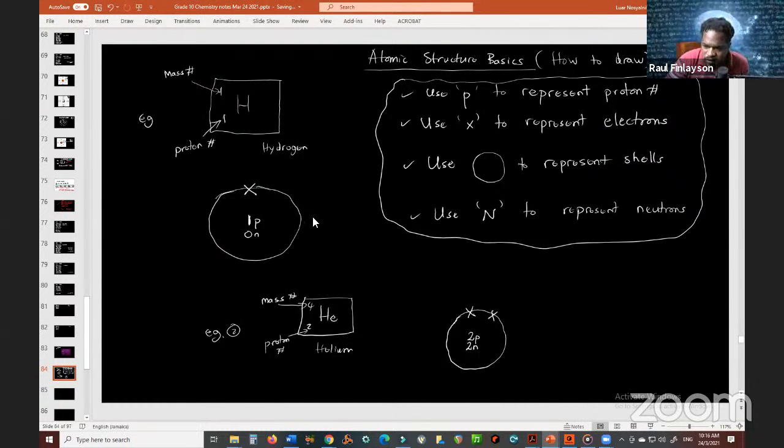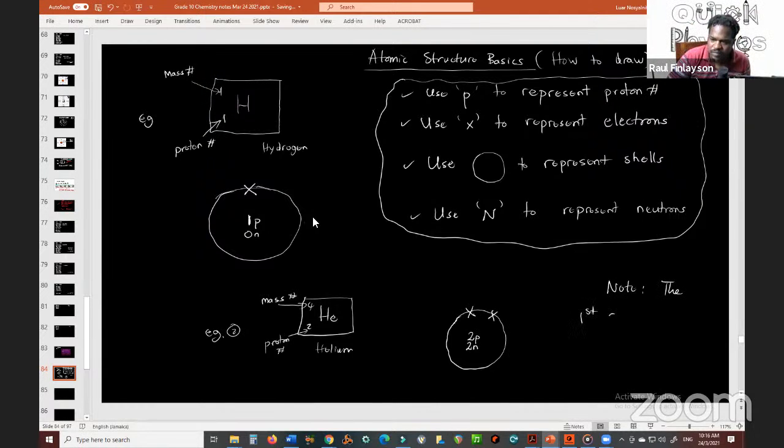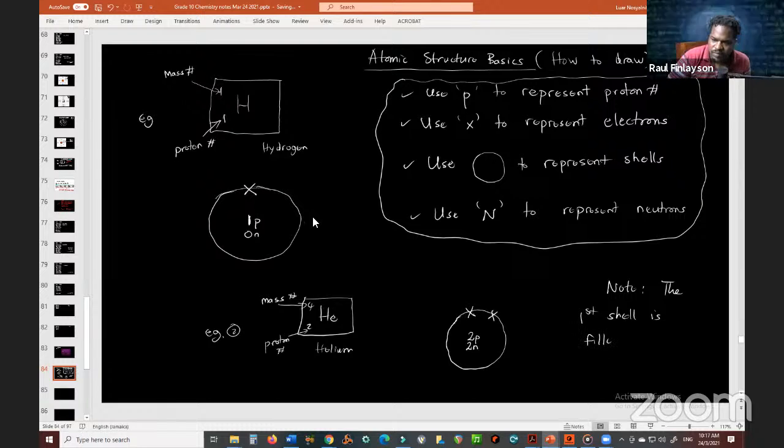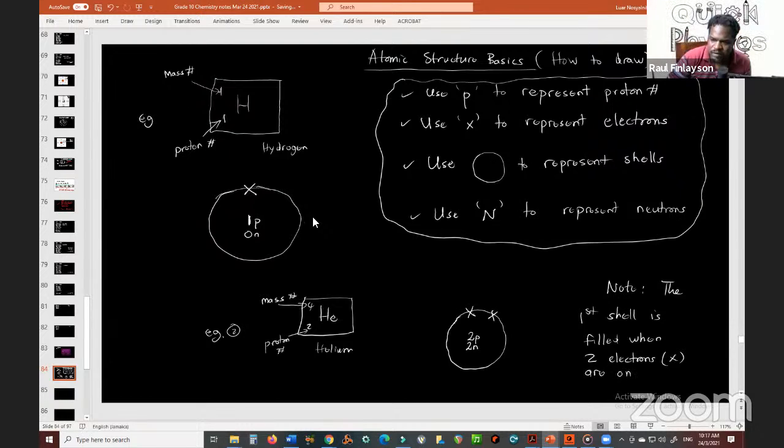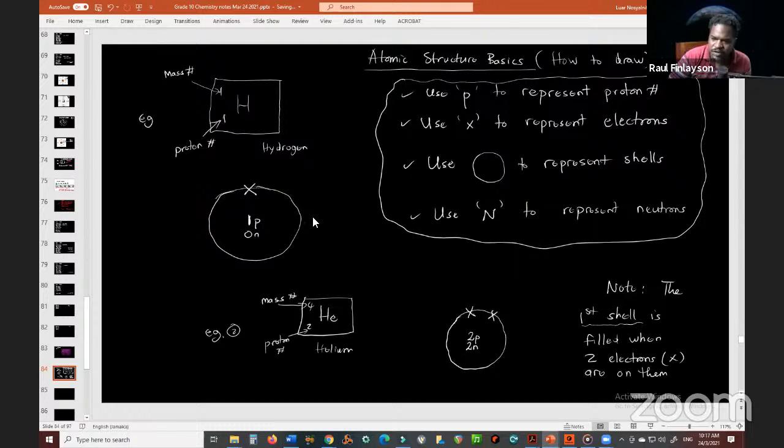Note that the first shell is filled when 2 electrons, which we put in this case as x's, are on it. And notice that this applies only for the first shell.